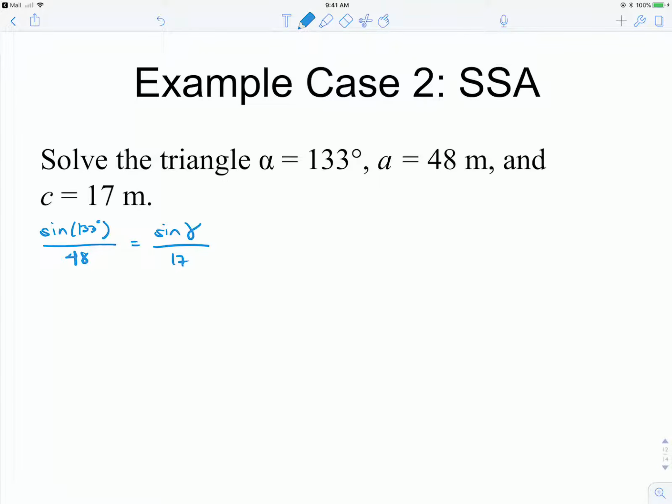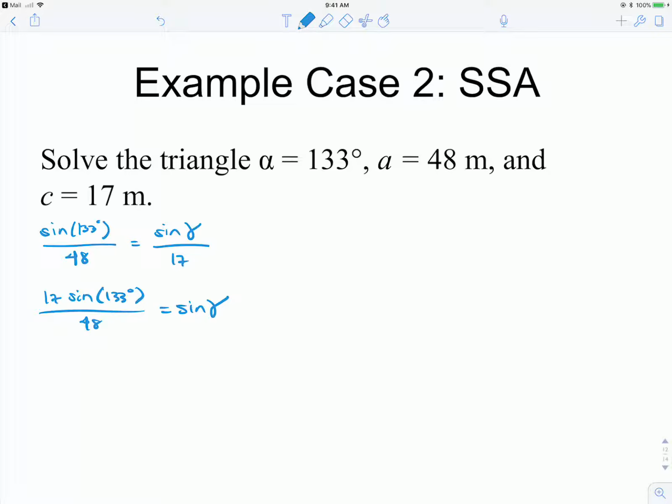Then we multiply by 17 on each side of the equation. Okay, so this is going to be a positive ratio.